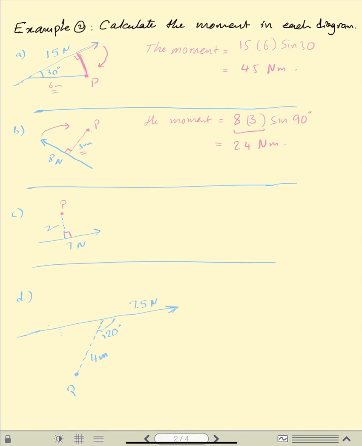What's the difference between part B and part C? The direction. The direction was in part A clockwise. In part B, it's also clockwise.